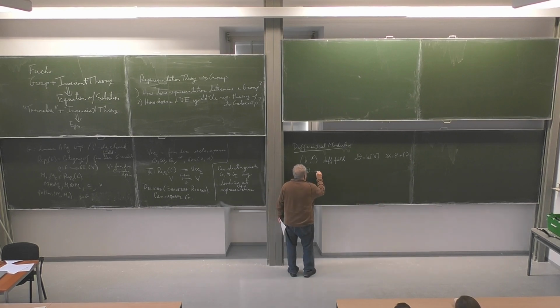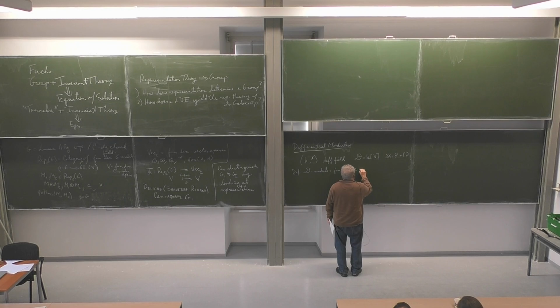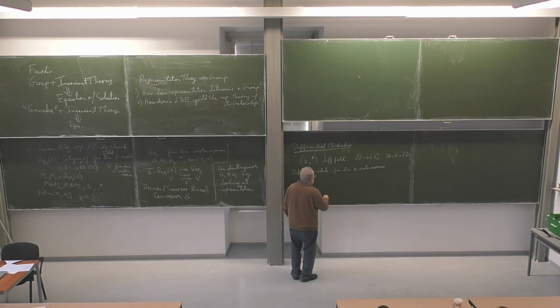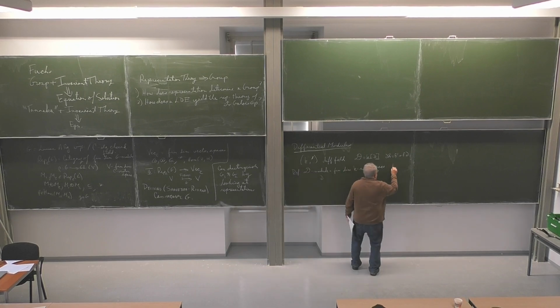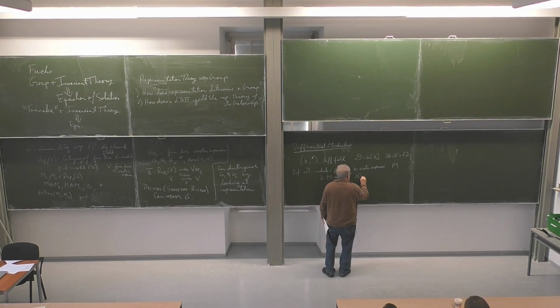So a D module, for me, is a finite dimensional K vector space together with an action, that does the following.